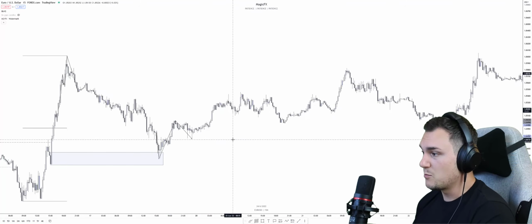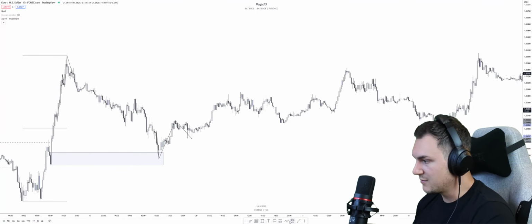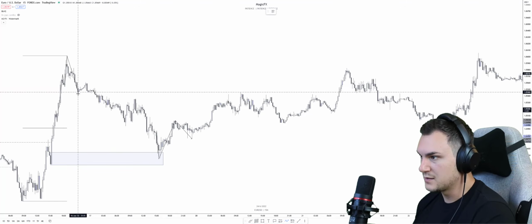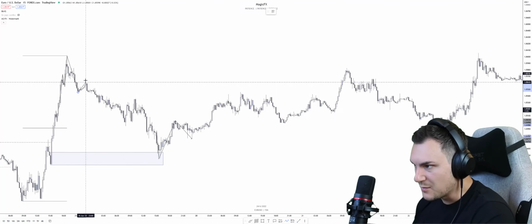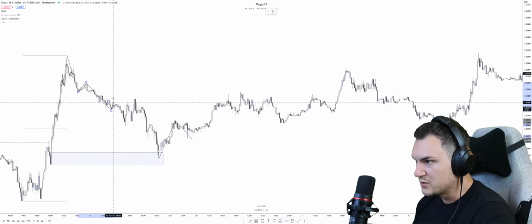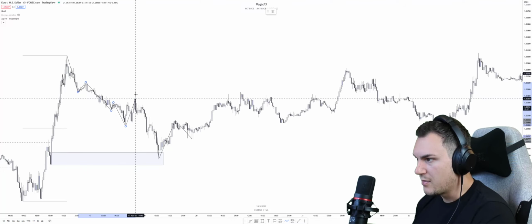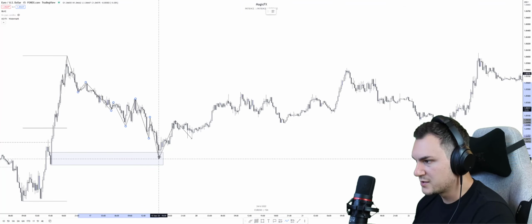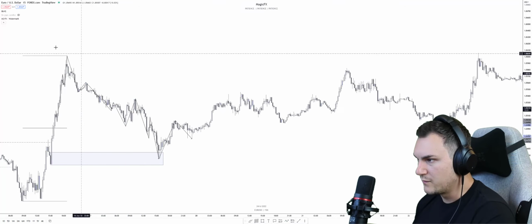Now what you can also bear in mind, because we've already had this substructure formed along the way down here, we can look at these cemented lows. We had one down here, pushed up, and down here, and then down here, and we can look at this structure as a stronger form of structure.